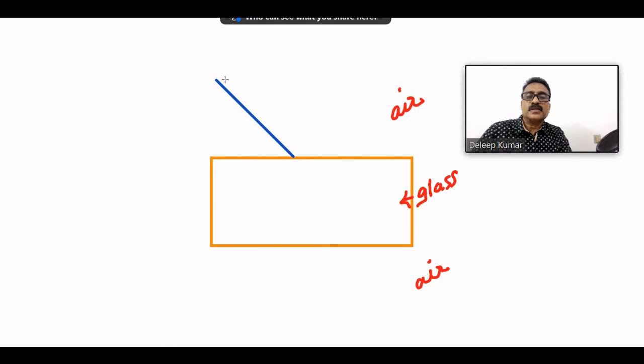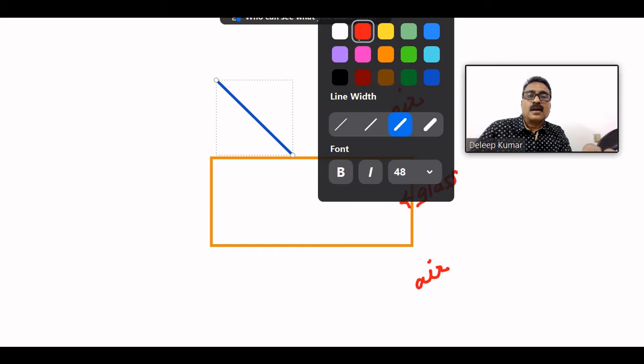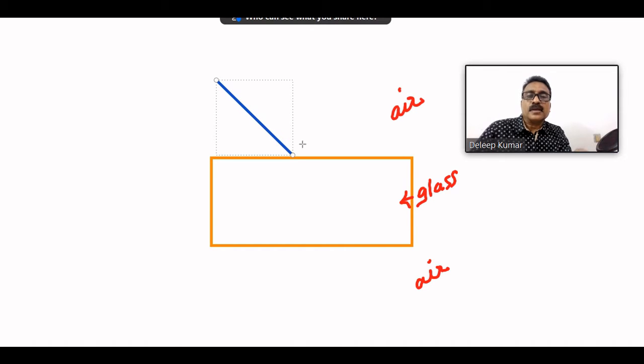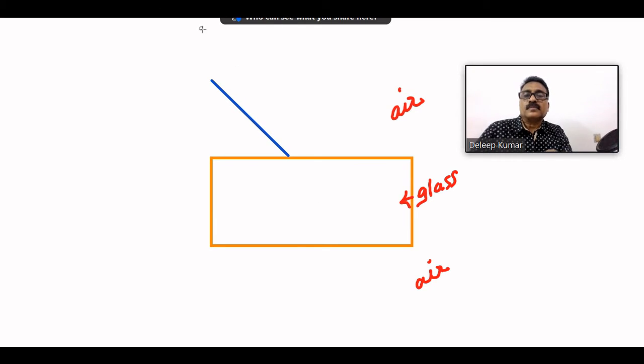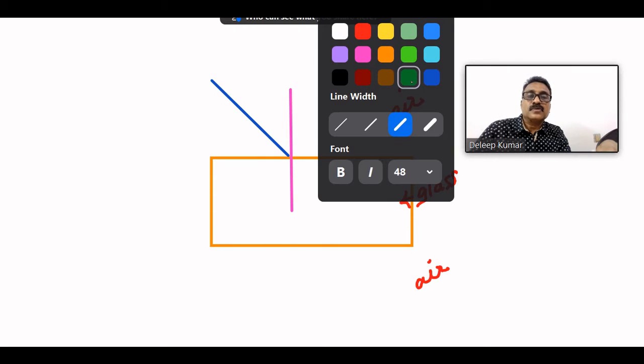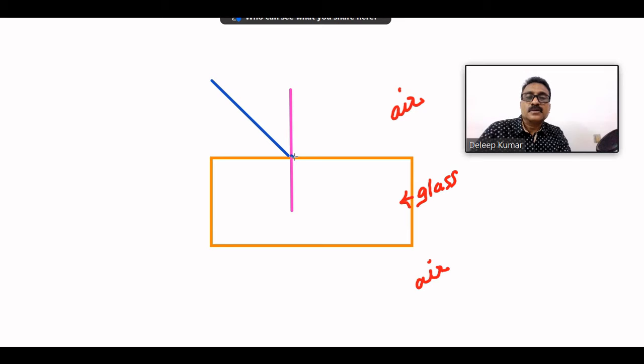If this is the incident ray, we have to draw a normal here. This is the normal. So we can see that this light will bend towards this direction. Okay, clear?